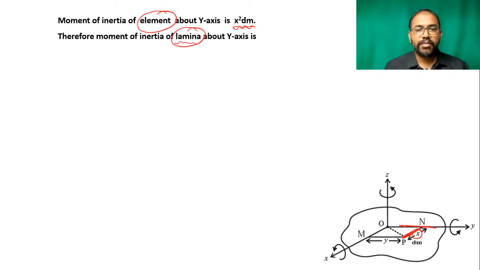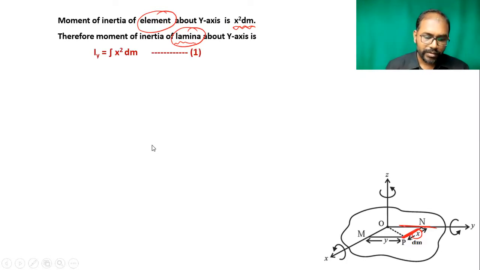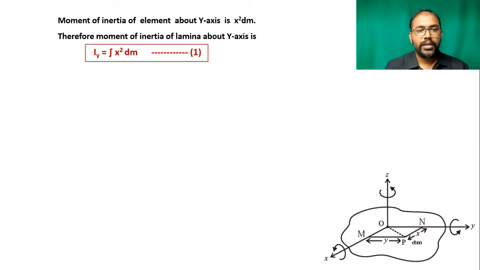So the moment of inertia of the lamina about the y-axis is the integration of that, integration x square dm, and this we can call Iy because it is about the y-axis. So Iy is the integration of x square dm, equation 1.